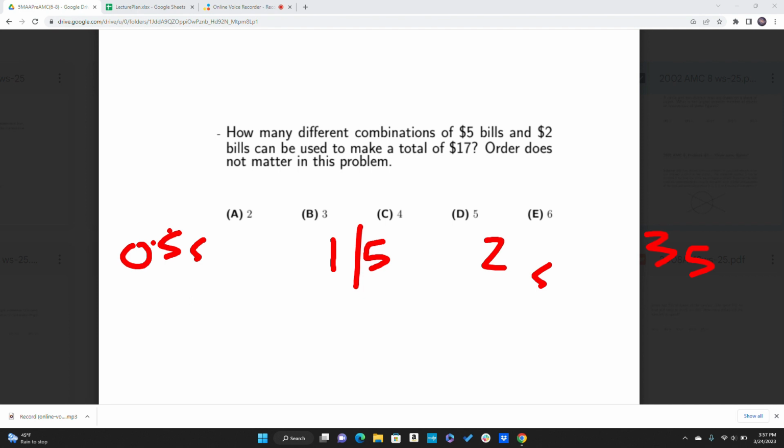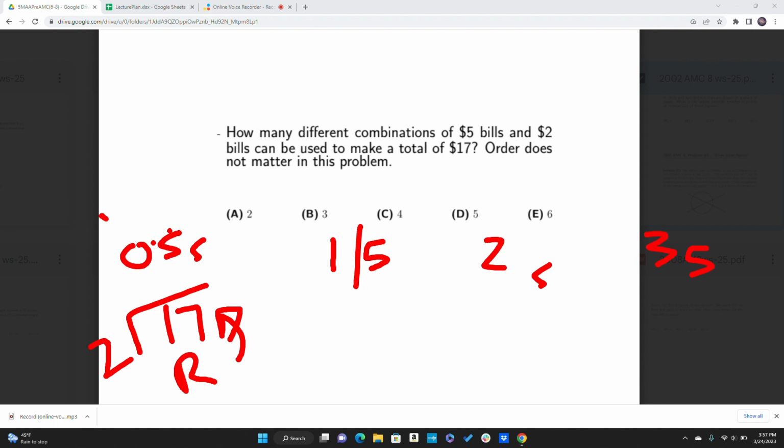Okay, but do all of these cases work? If there aren't any fives, can you use just $2 bills to make $17? Well, we can see that 17 is an odd number, right? So we can't count up to it using just multiples of 2. 17 isn't divisible by 2. There's a remainder.